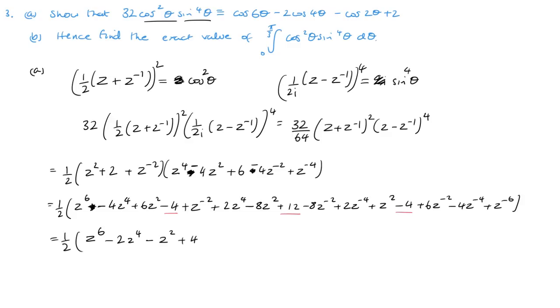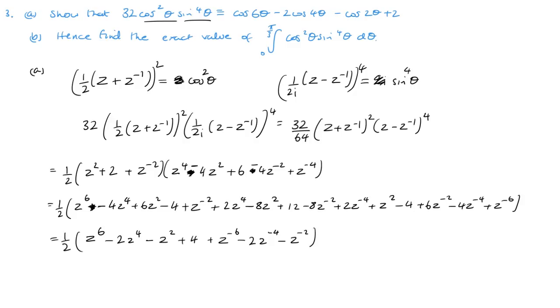Now, when I go through working out my negative powers, it's very much the same as the positive powers. So I'll do it quickly, but you can look at them there. So it's 2z to the minus 4 minus z to the minus 2.